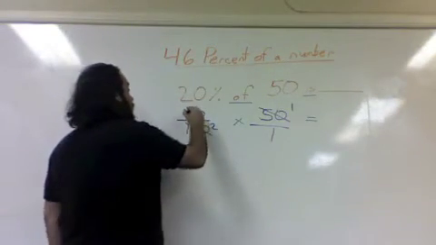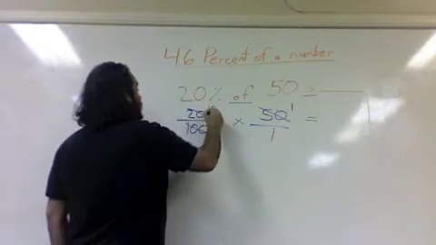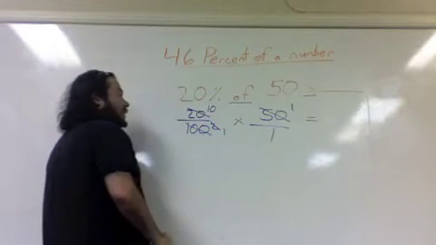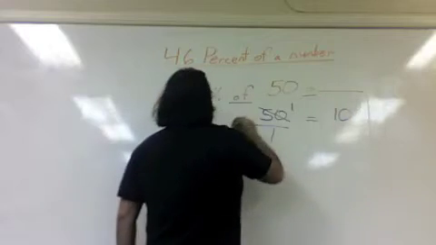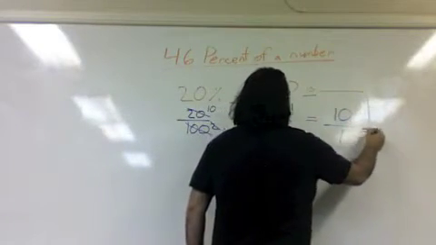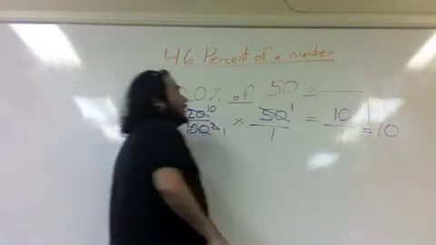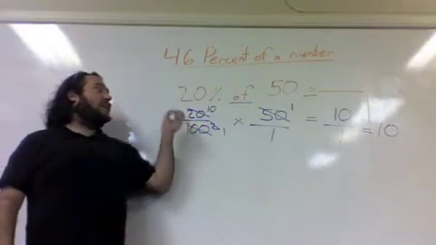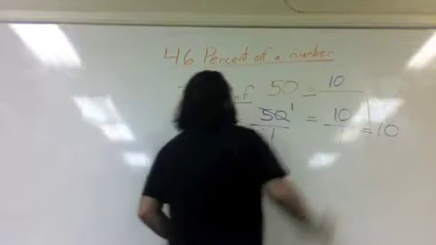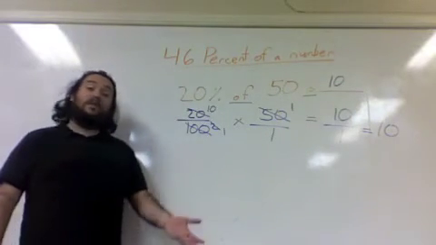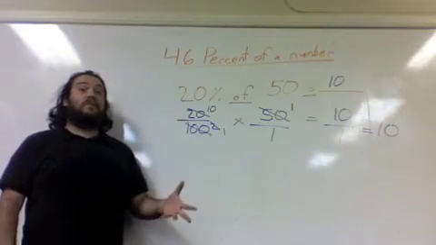Again, 20 and 2, I can divide those both by 2. 10 and 1. Look how easy this is. Now when I multiply, it's 10 times 1 equals 10. 1 times 1 equals 1. 10 over 1, which is the same thing as 10. So now I know that 20% of 50 is 10.